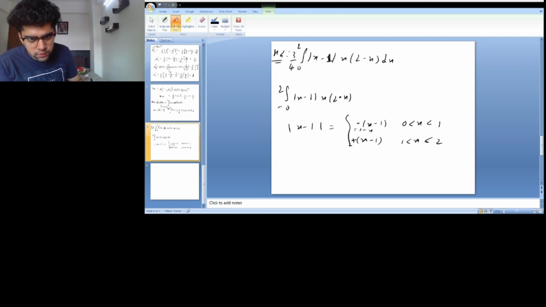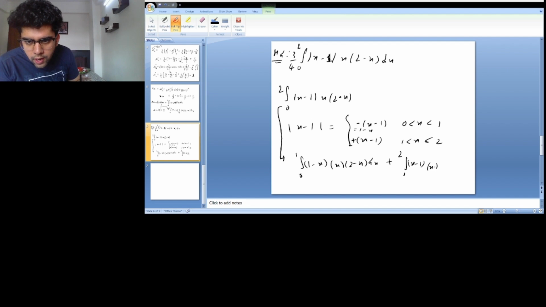So this becomes integral 0 to 1, 1 minus x, x into 2 minus x dx plus integral 1 to 2, x minus 1, x into 2 minus x dx.